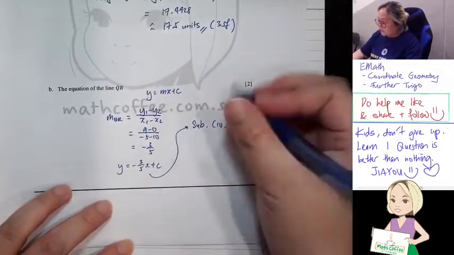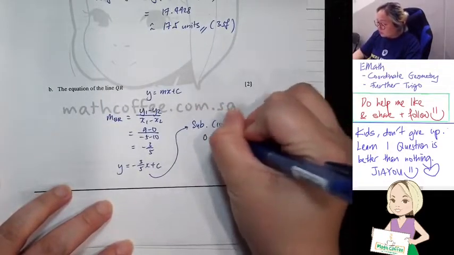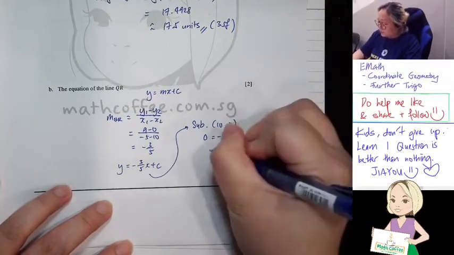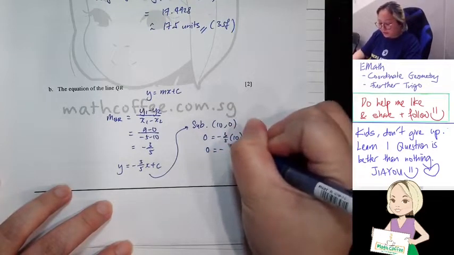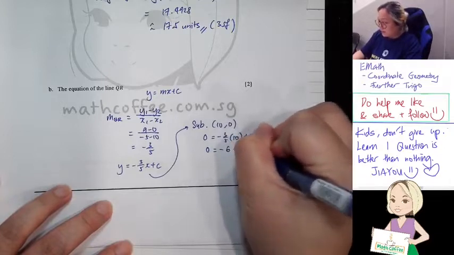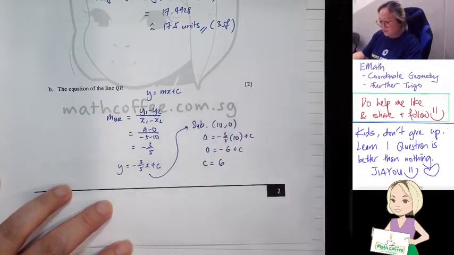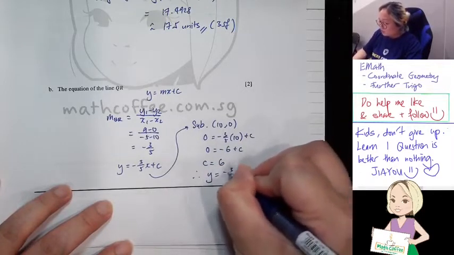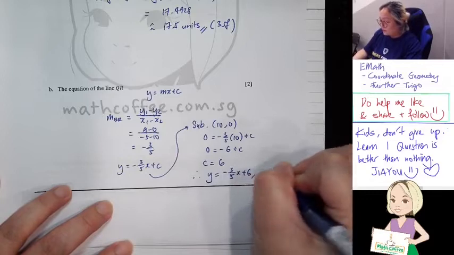So sub 10, 0, we will have 0 equals to minus 3 over 5 times 10 plus c. So 0 equals to minus 6 plus c, and therefore c is equals to 6. Therefore, equation of the line is y equals to minus 3 over 5x plus 6, and we are done.